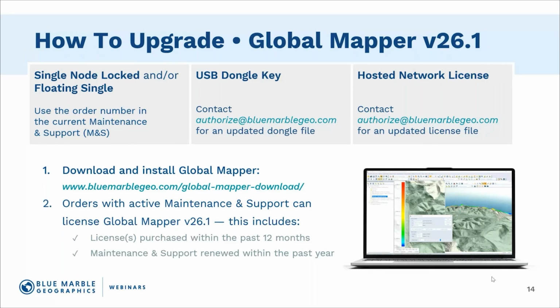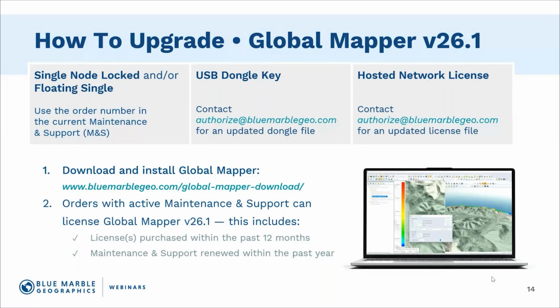If you have a single machine, single node locked license, or a floating single license where you registered Global Mapper by entering an order number right in the program when you downloaded whatever version you're using, and you are on current maintenance and support, or you've purchased your license new within the last 12 months, you should be able to download Global Mapper 26.1 and upgrade licensing by entering your order number, just as you did before.